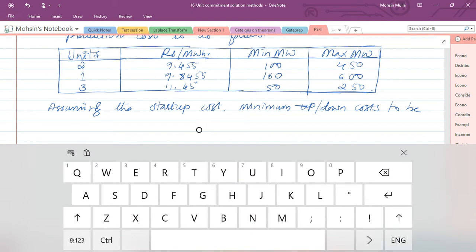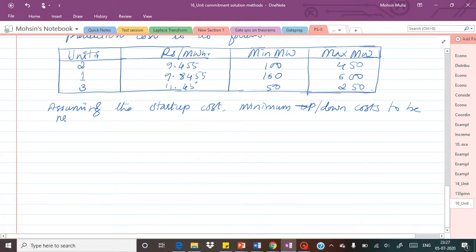Okay, so the unit commitment scheme is as follows.